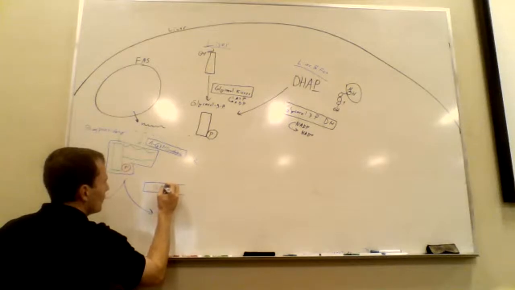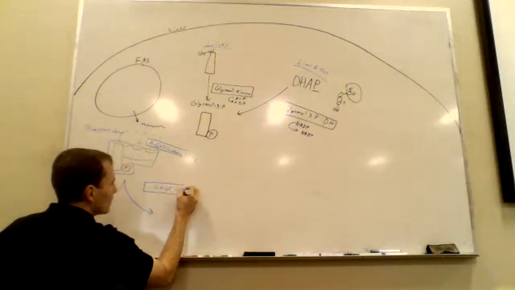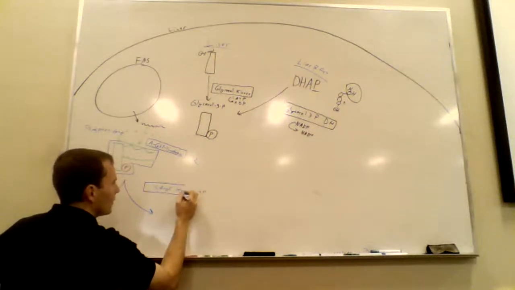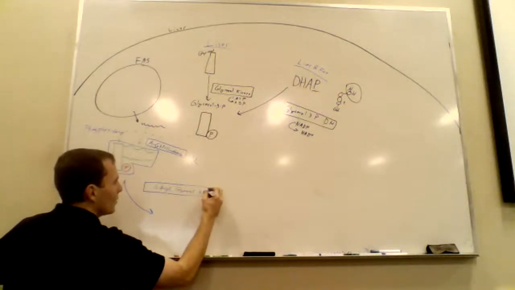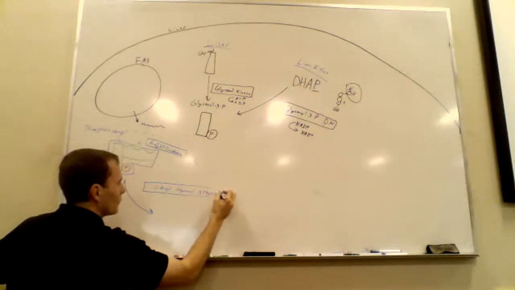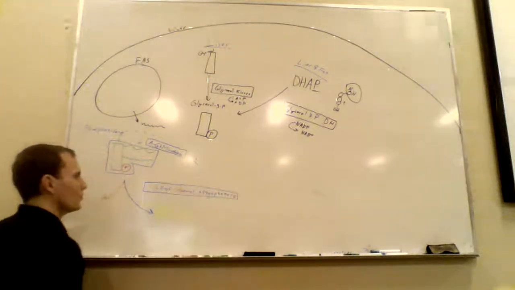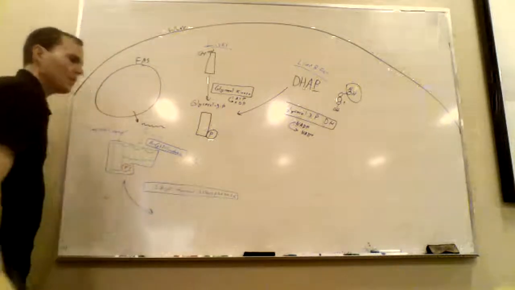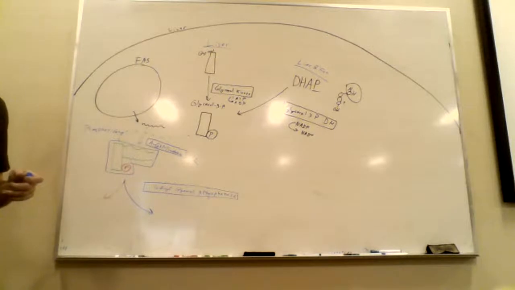1, 2 acyl glycerol 3 phosphate. Except instead of saying 3 phosphate, you say phosphatase. So 1, 2 acyl G3P, ase. Because we're going to be cutting the phosphate off. So it's a phosphatase.